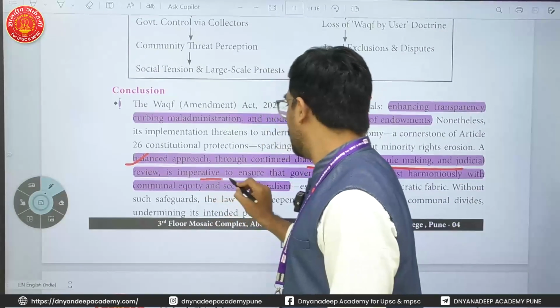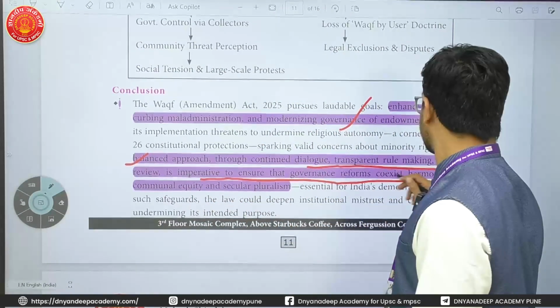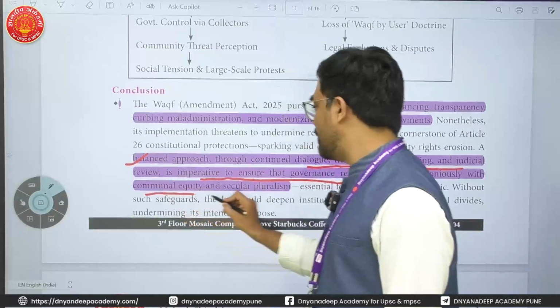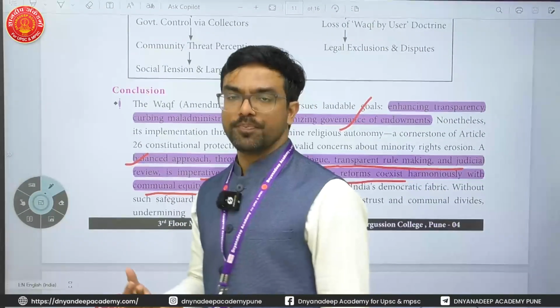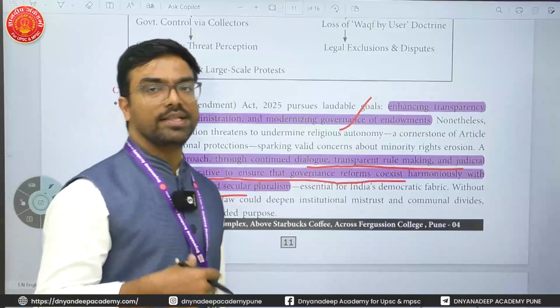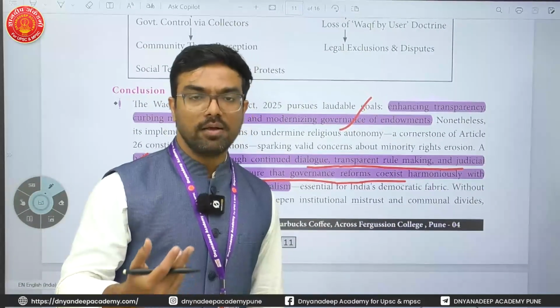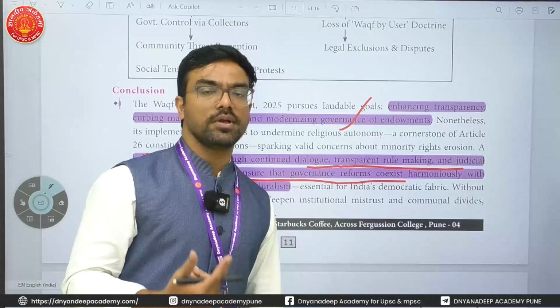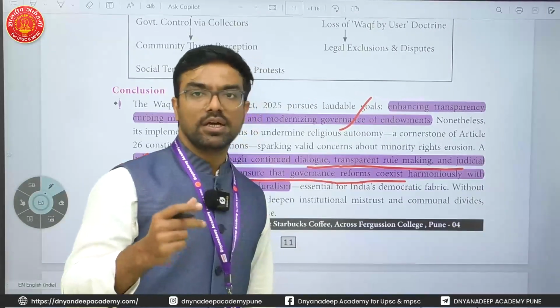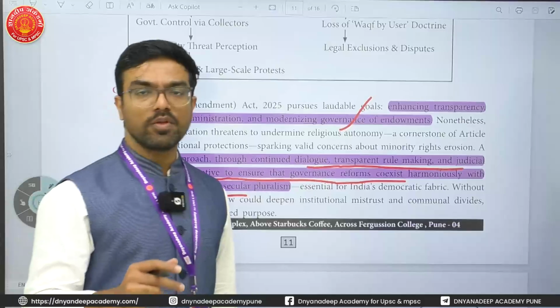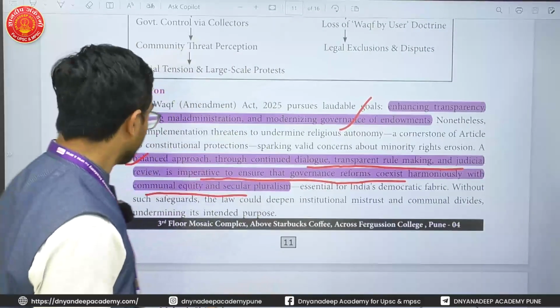So it is imperative to ensure that governance reforms coexist in harmony with communal equity and secular pluralism. Right. So in this way, government can implement this act by taking a collaborative approach, by ensuring there is all-stakeholder consultation, and feedback is taken timely, like that.